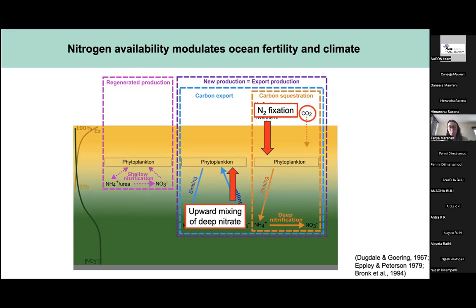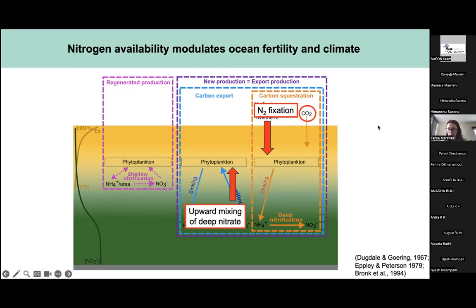But carbon export is important for maintaining a vertical gradient in DIC, so basically maintaining the soft tissue pump. So both aspects are important, but N2 fixation does result in the lowering of atmospheric CO2 concentration. So that's the difference.